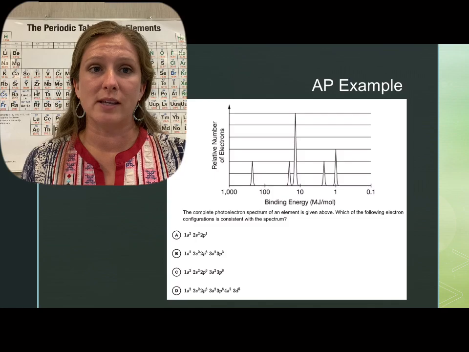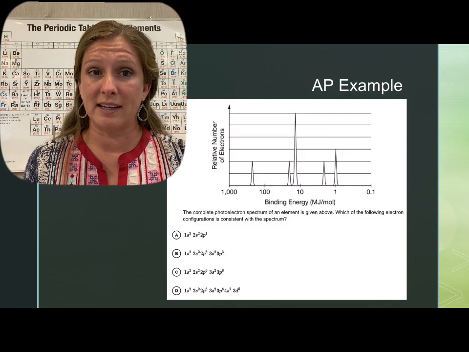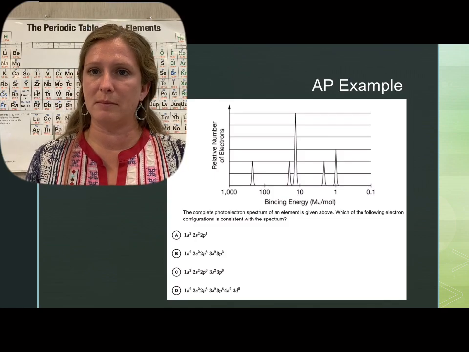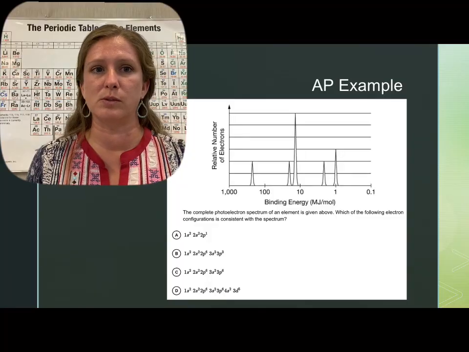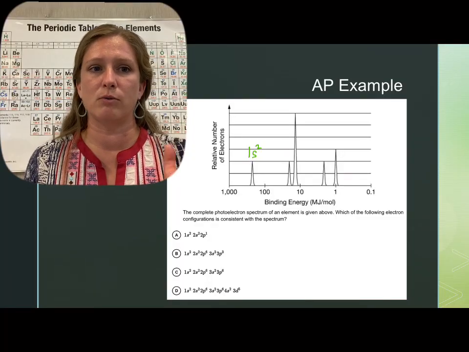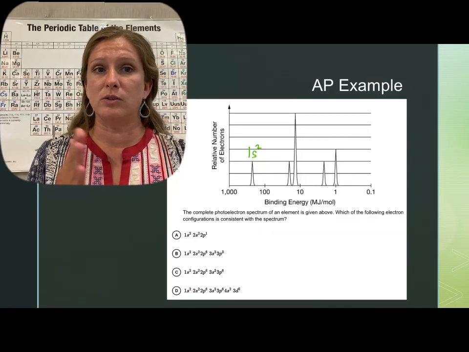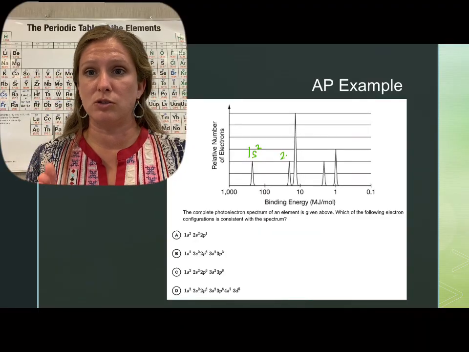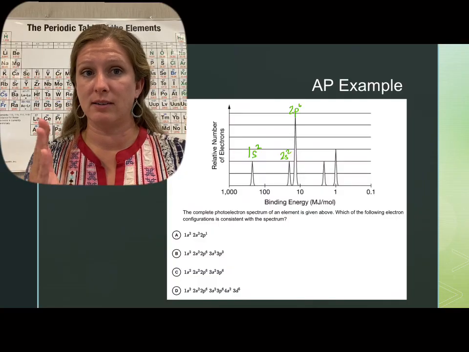Okay, so we start at the highest binding energy, which is going to be the orbital that's closest to the nucleus. We call this 1s. And there are 2 electrons, so all of these have 1s2. Then we go to the next grouping. We have a 2s and a 2p. And those are both full.